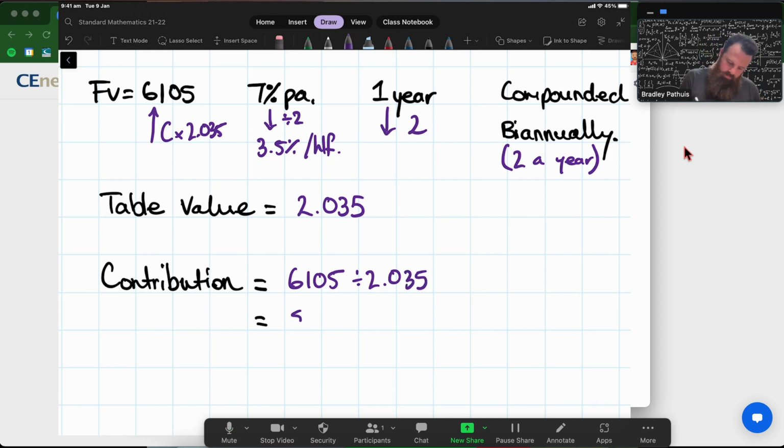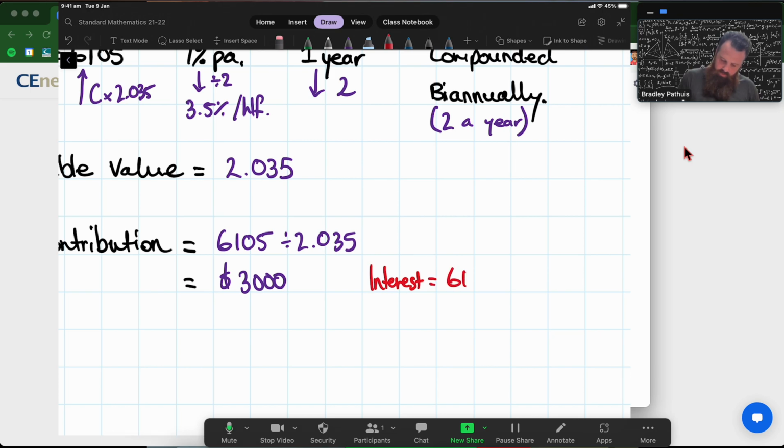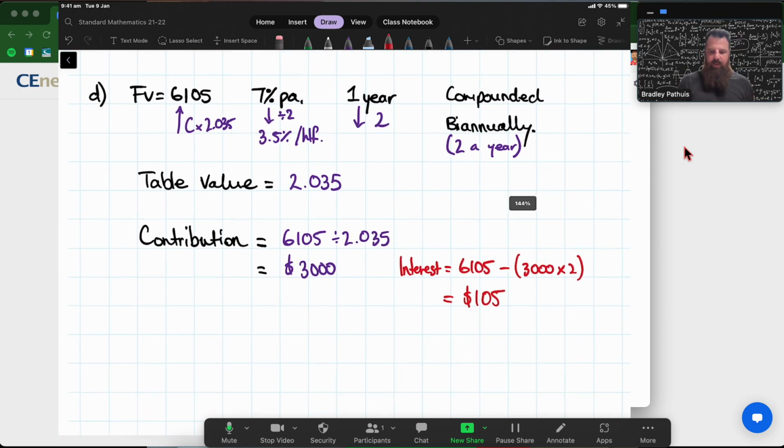We do the maths on that and we get $3,000 was invested every half year, twice a year, into that bank account, and it grew to $6,105 over the year. And again, the interest on that is just the total amount available in the bank account minus how many payments we put in. We put in 2 lots of 3,000, so that leaves us $105 worth of interest earned on that question.